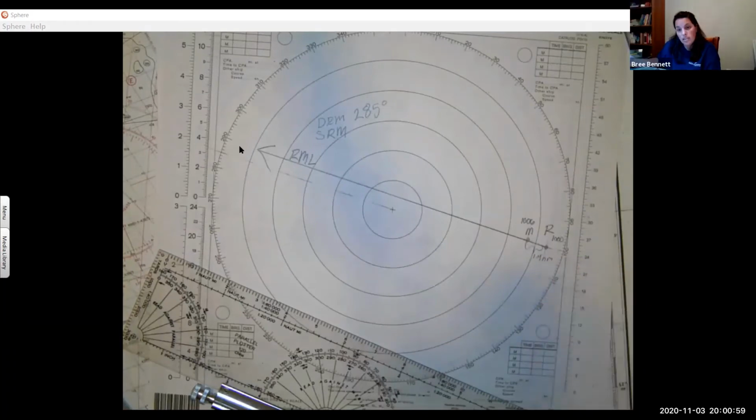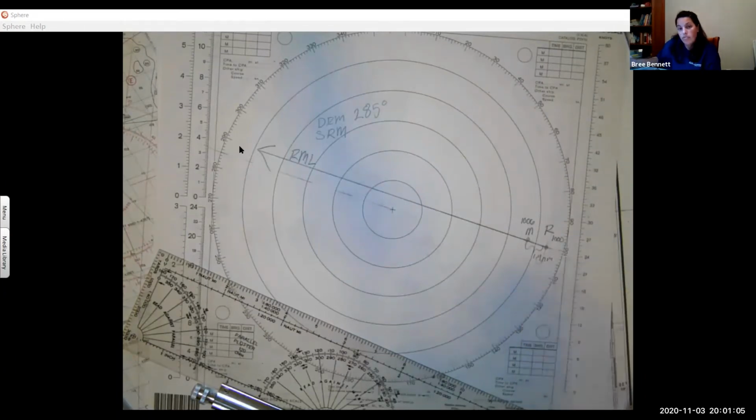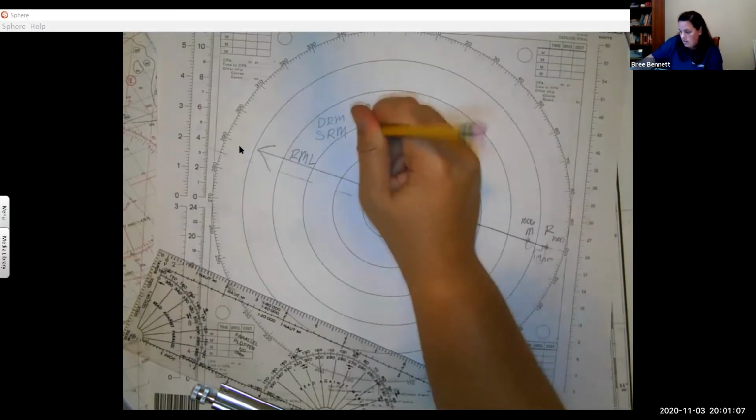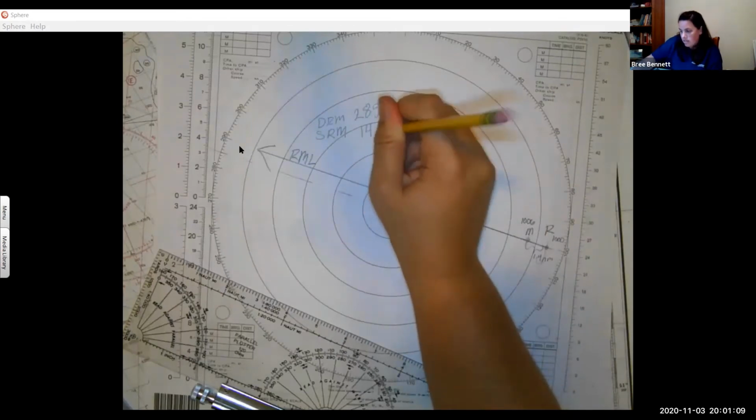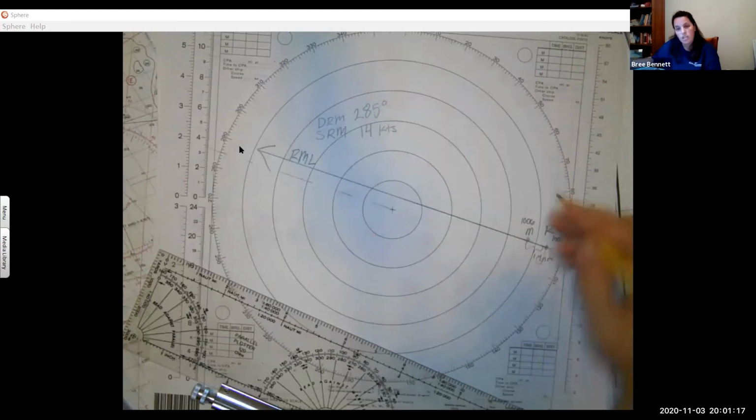So I quickly convert 1.4 nautical miles to a speed of 14 knots. Using that quick method, we know that it's 6 minutes, so you just move that decimal place over once.